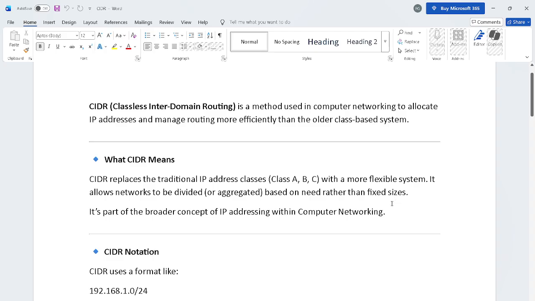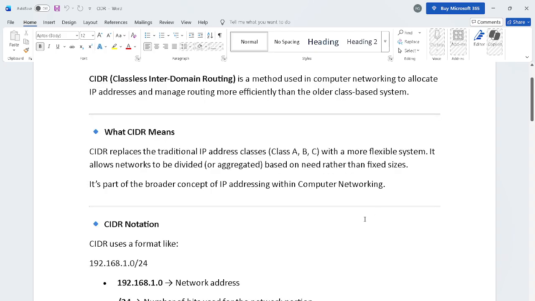It allows networks to be divided based on need rather than fixed size. When you use A, B, C networks directly, we have to use fixed sizes. But when you use CIDR, networks are divided based on need rather than fixed sizes. It's part of the broader concept of IP addressing within computer networking.